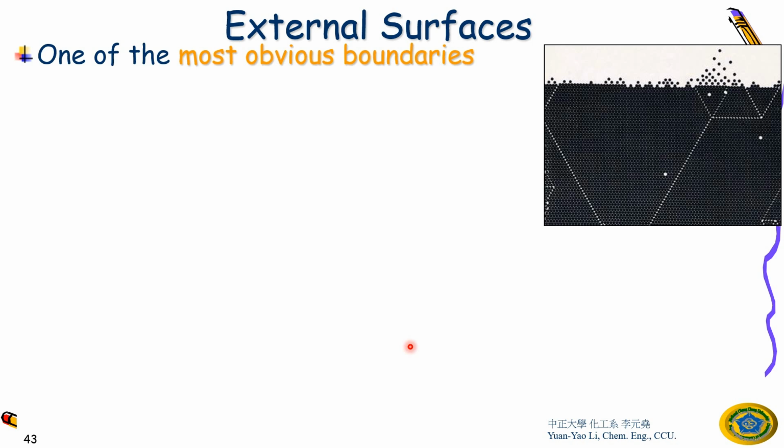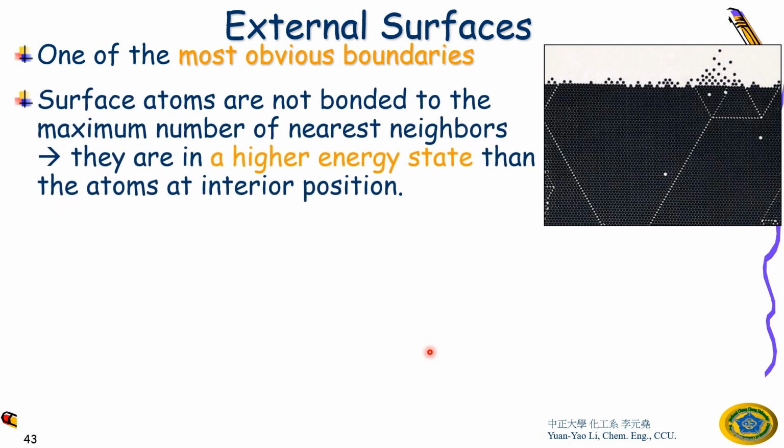Of course, everything you can see has external surfaces. Surface atoms are not bonded to the maximum number of nearest neighbors. They are in a higher energy state than atoms in interior positions. So, higher energy state, right?